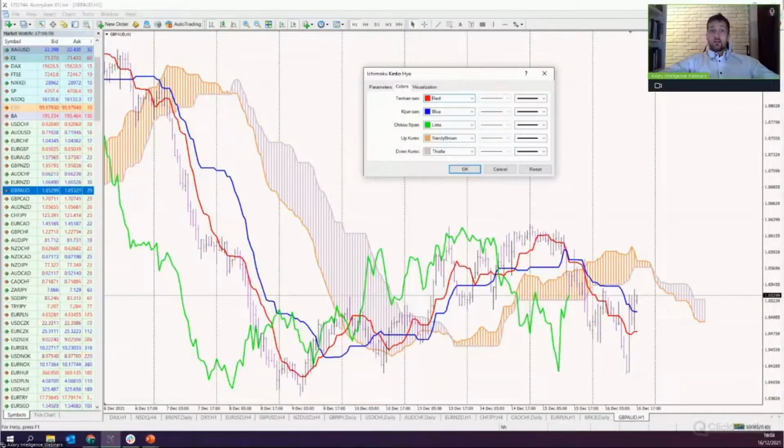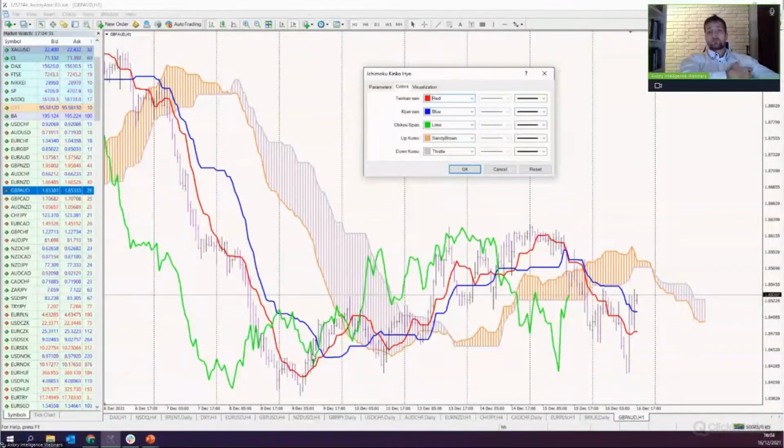Let me tell you what those lines are. It may be boring, maybe not, but do you need to know this? Maybe you need to know what those lines are in order to fully understand Ichimoku. So let's start with Tenkan-sen. You can see this line, and at first look, you can think that Tenkan-sen is kind of a moving average, a fast moving average.